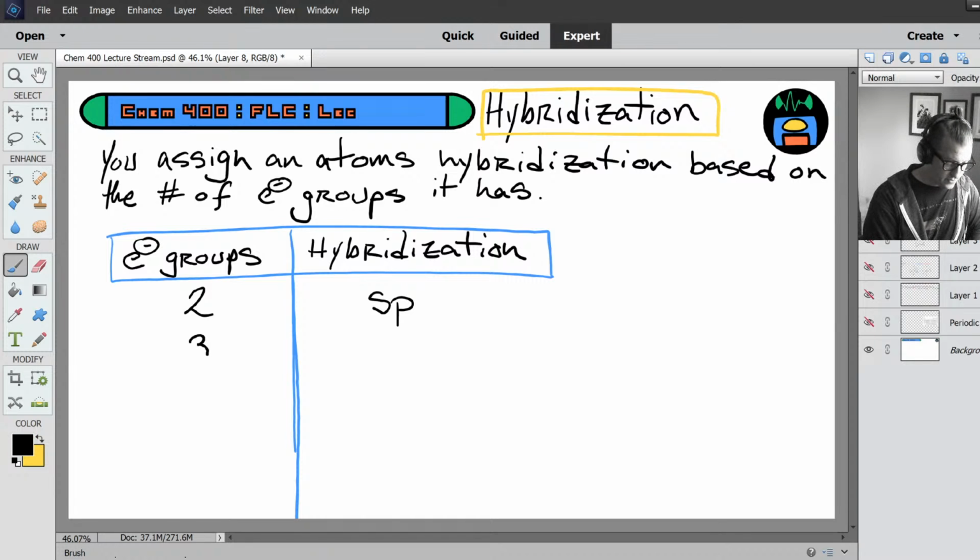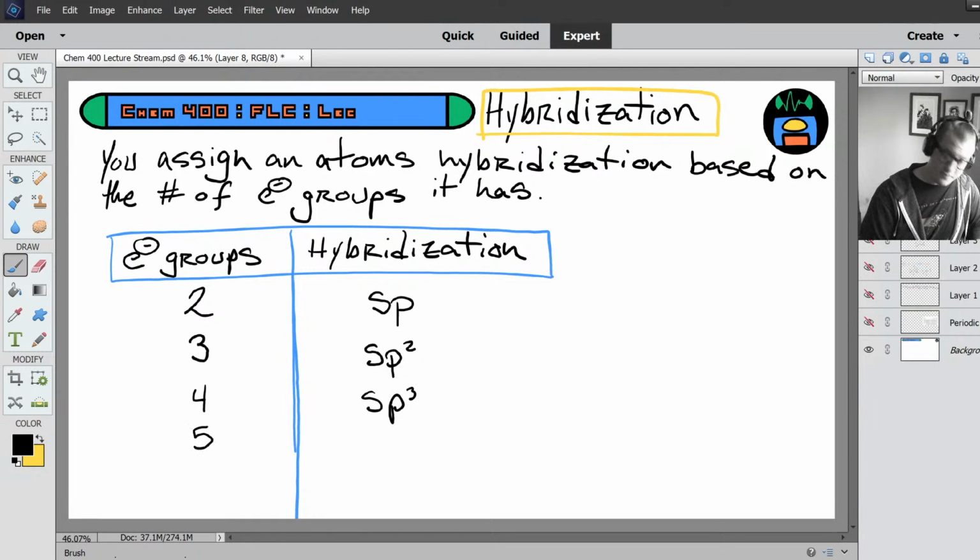If you have 3 electron groups, you're going to need 3 orbitals, so you use one s and 2 p orbitals. That gives sp2 hybridization. If you have 4 electron groups, you use your s orbital and all 3 of your p orbitals, so that will be sp3 hybridized.